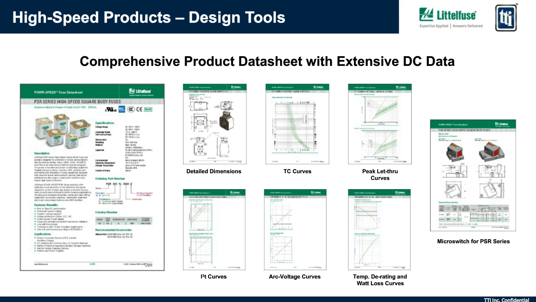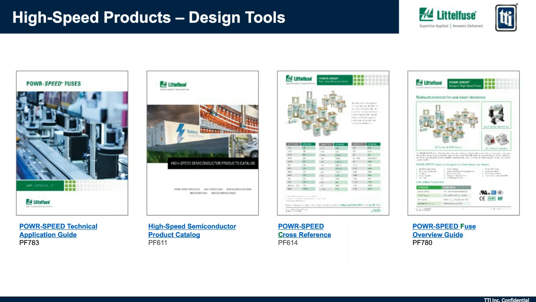Some additional tools in terms of the data sheet would be one document that we referred to today, which is our Powerspeed technical guide. It's a deeper dive in terms of these fuses and goes into more of the considerations for how temperature or other factors really affect, from a mathematical standpoint, selecting a high-speed fuse, and also just a deeper dive than some of the topics that we have discussed today.